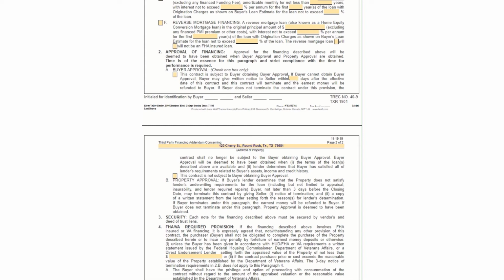What should go in this blank? Well, typically, I put in 21 days, about 3 weeks, to get loan approval, where the buyer gets everything over to the lender and the lender has time to process and then approve or disapprove the buyer. But in today's market, some sellers are going to want to shorten this.